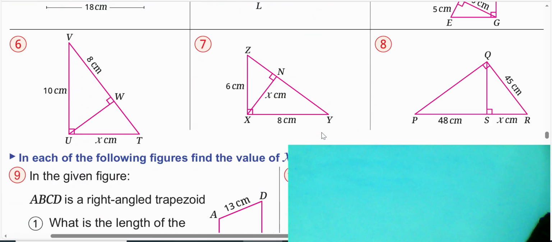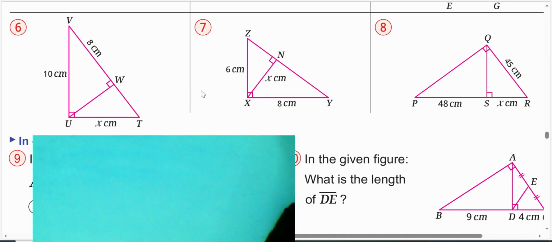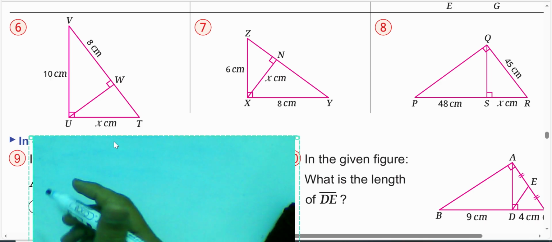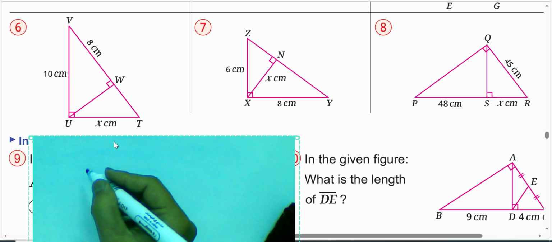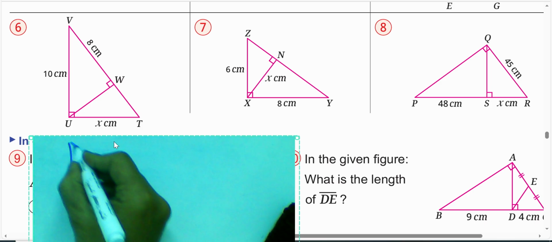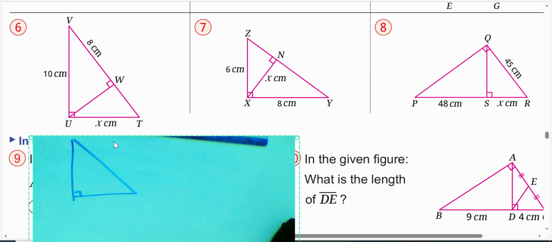Next question. We have x. We can find x from what? From Euclid's theorem. But first we can find the length of UW. Look at here. We have a right angle triangle here.